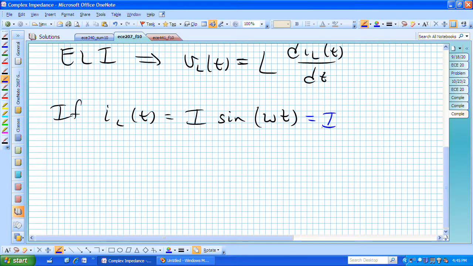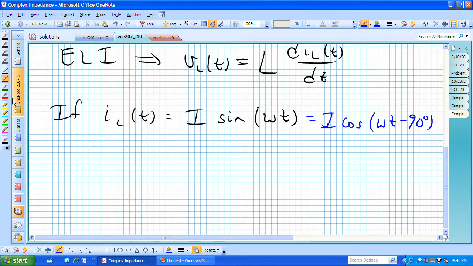When we go to convert that to a phasor form, we actually want to always, for convenience, work with one or the other, sine or cosine. We typically work with cosine, and sine of omega t is simply equivalent to I cosine omega t minus 90 degrees.